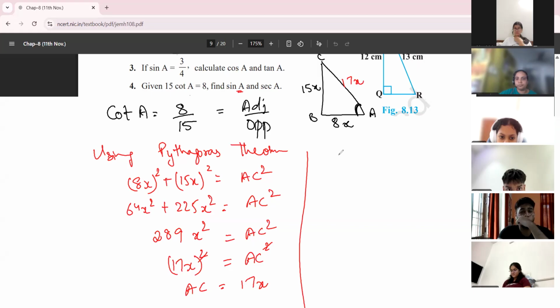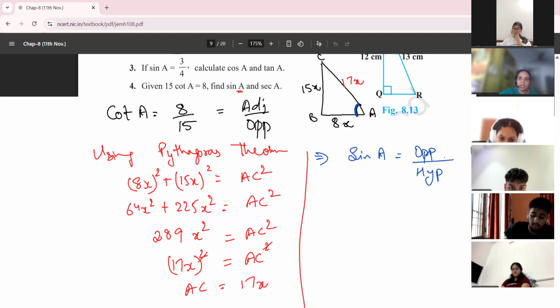Now they're asking you to find out sine A. From sine A, they're asking you opposite by hypotenuse. So opposite is 15x by hypotenuse is 17x. That means the answer is 15 by 17. Got it or not, everyone? And sec A is the reverse of cos.